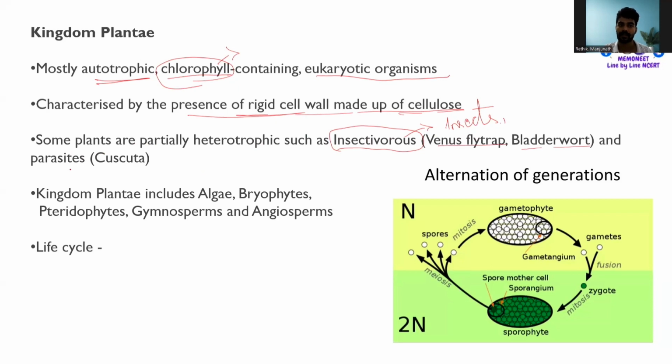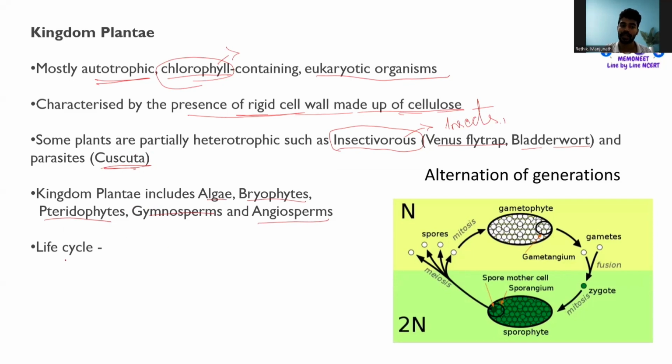Some of them also act as parasites, such as the Cuscuta plant. They infect other plants and extract the nutrients from those plants. So kingdom Plantae includes algae, bryophytes, pteridophytes, gymnosperms and angiosperms.